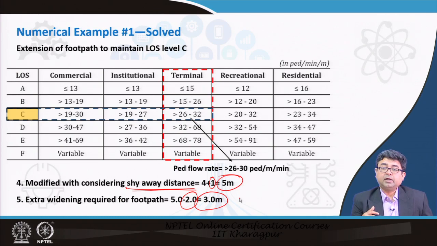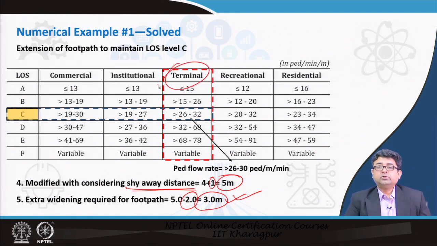If the urban local bodies know that in order to maintain level of service C, which is ideally what everybody would like to maintain, they would have to widen the footpath by at least 3 more meters in that particular terminal land use zone, so that people feel comfortable while walking. So, that is a good example of how to measure the width that is necessary in order to maintain a certain level of service.